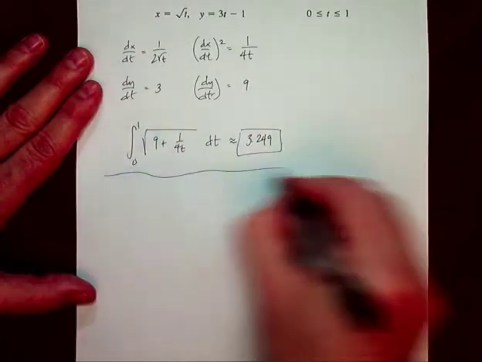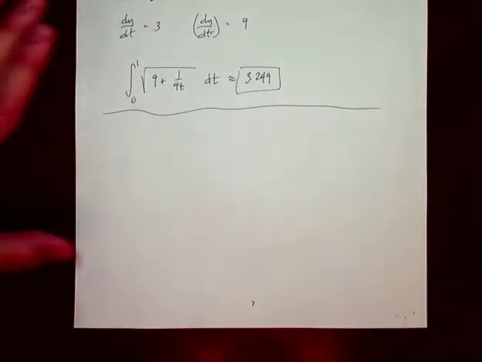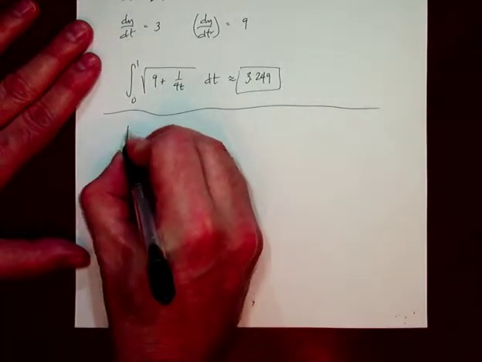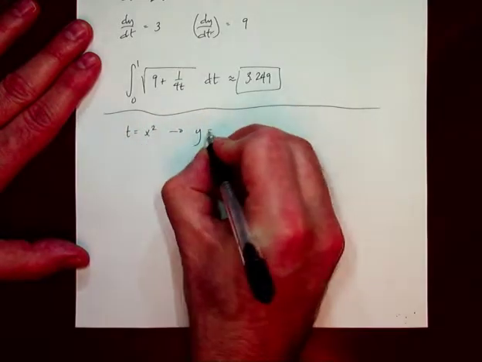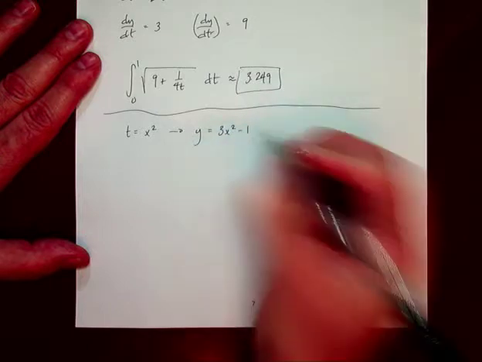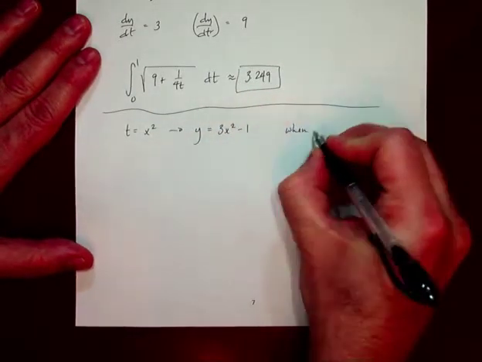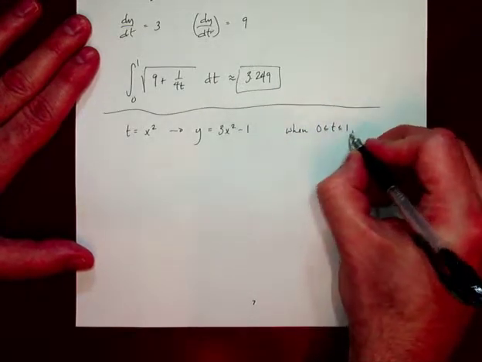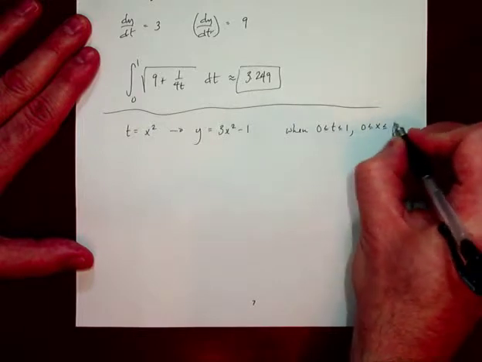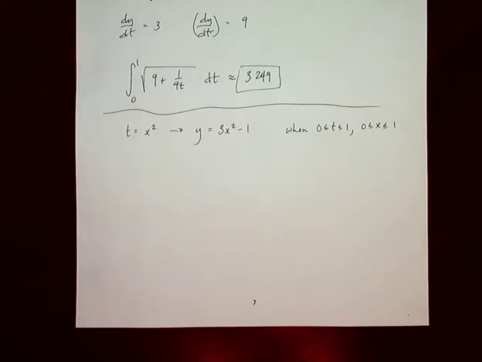And let's go ahead and verify it again, since this is still a little bit new. We'll verify it by eliminating the parameter. Now t is equal to x squared, and therefore y becomes 3x squared minus 1. Okay, and when t is between 0 and 1, so is its square root. So my limits of integration are now in terms of x, but they look like they didn't change.